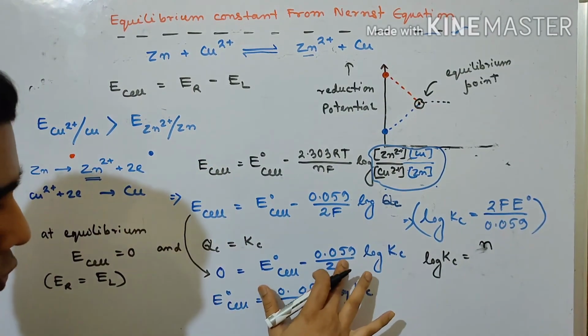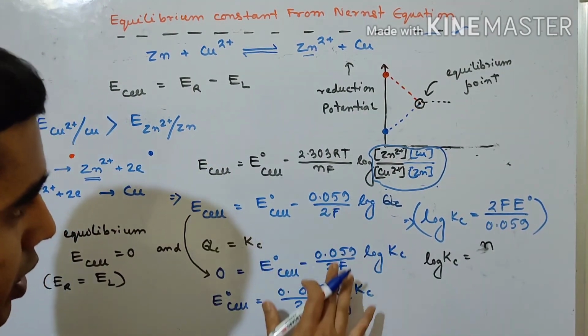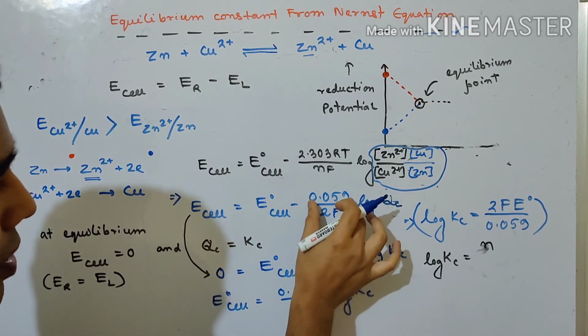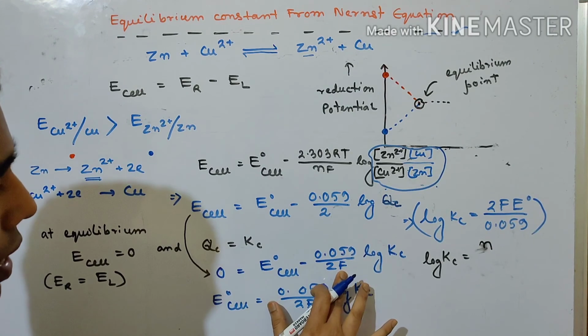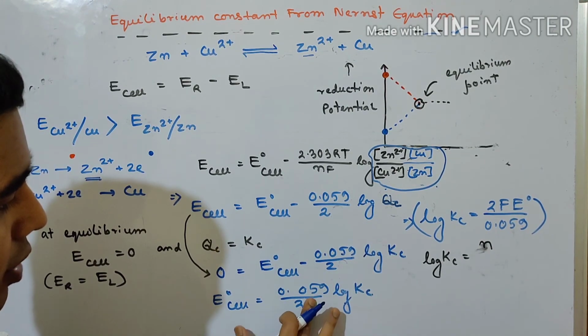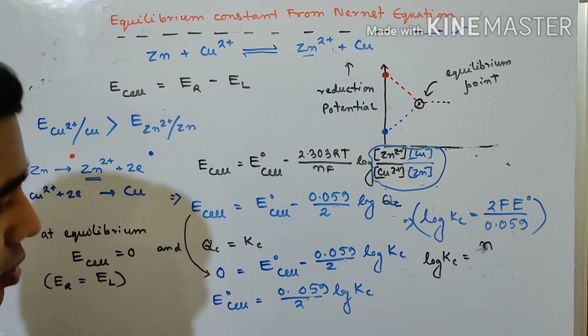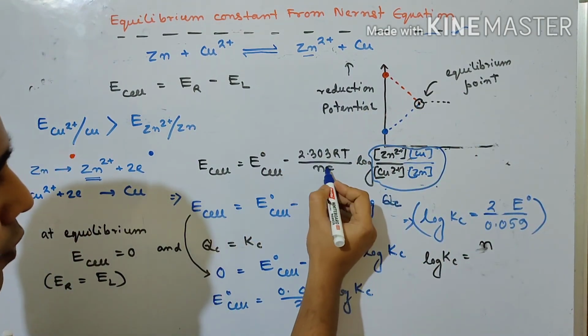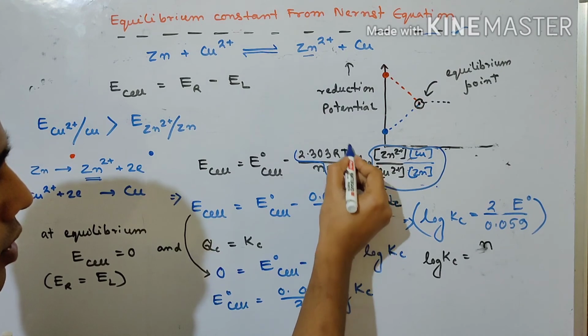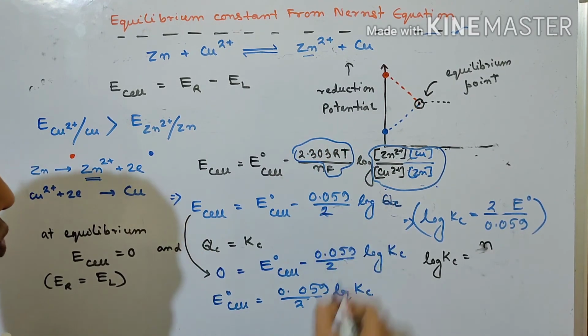2, just a minute, F should not be there. If we are replacing it by 0.059, then it should be only 2, and here also, and here also. So F will not be there, because if we are calculating, then only we get this 2.